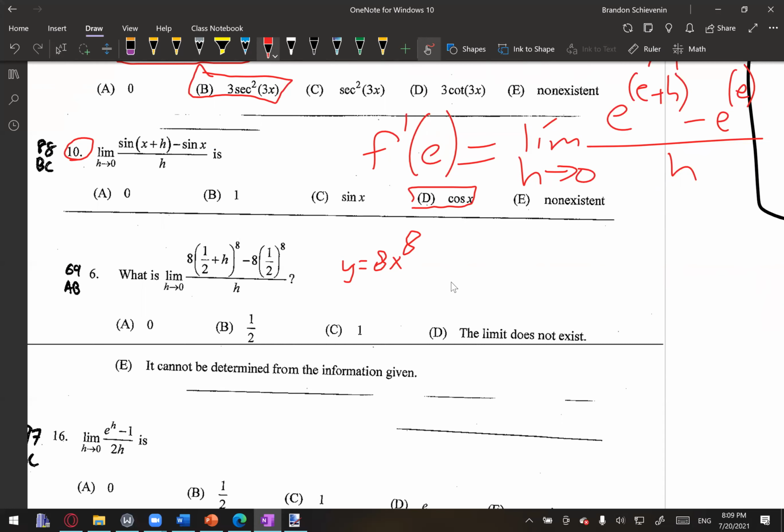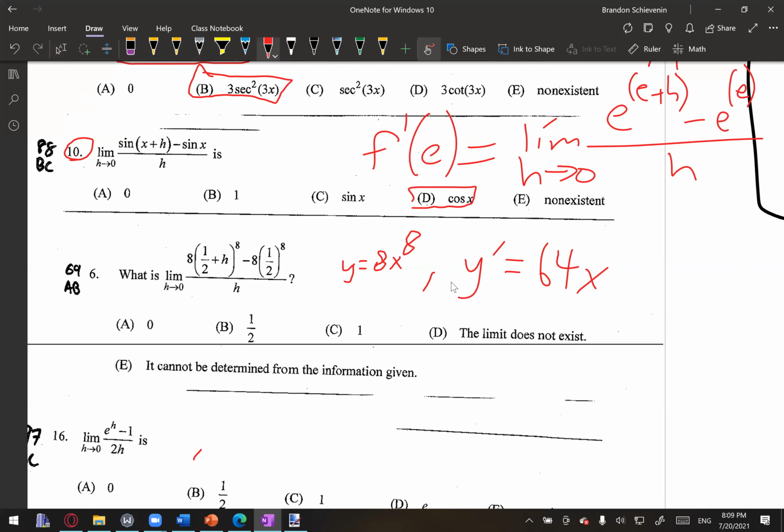But there's no x though. Our x is 1/2, but I'm going to derive, then we'll go back and plug in that point. So what is that? 64x. So the answer is, what's the power?